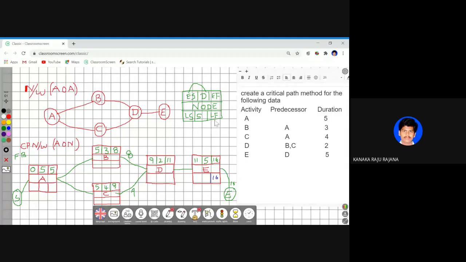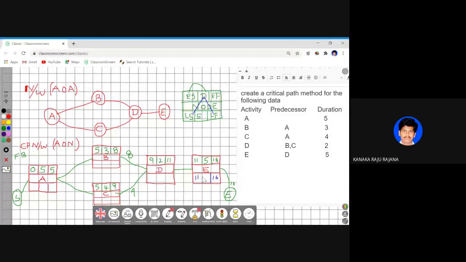You are going to consider the late finish minus the duration, which gives you the late start. Whereas in the forward pass, early start plus duration gives you the early finish. So we are going to subtract these two and place the result here. So 16 minus 5, which is nothing but 11.